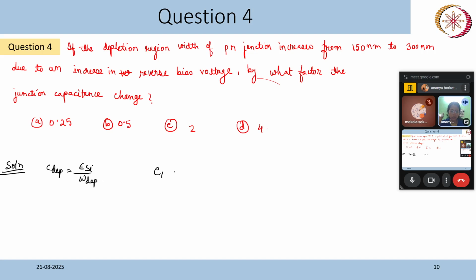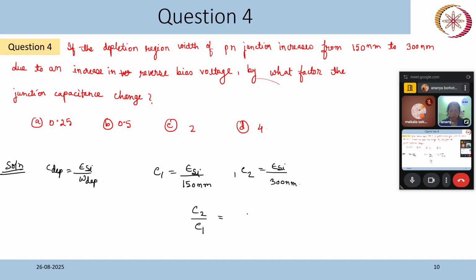So C1 is epsilon silicon by 150 nanometer, right? And C2 is epsilon silicon by 300 nanometer. When we say how much it changed, we do it with respect to the initial value. So this will be our C2 by C1.